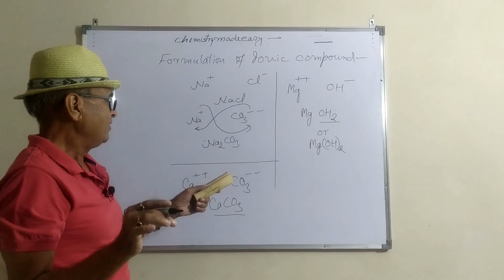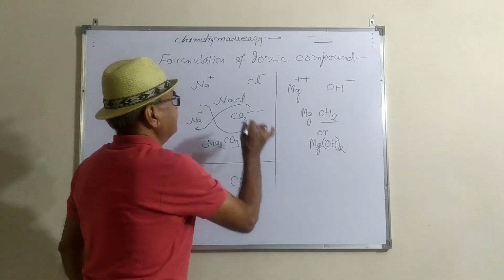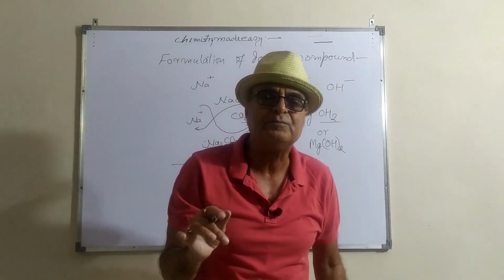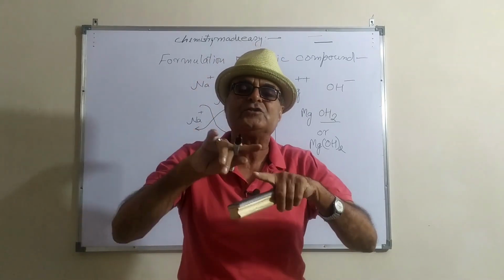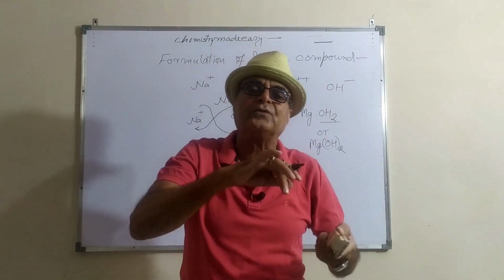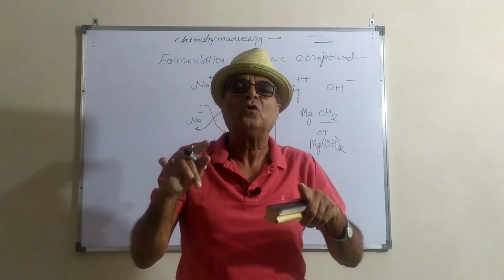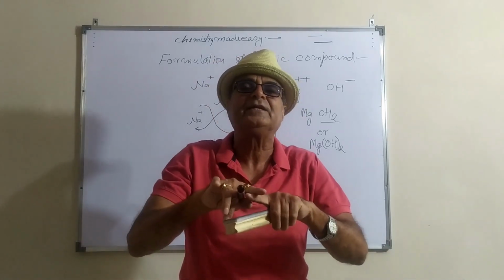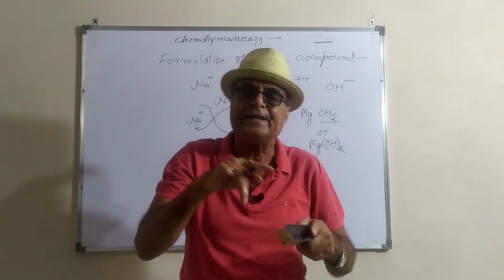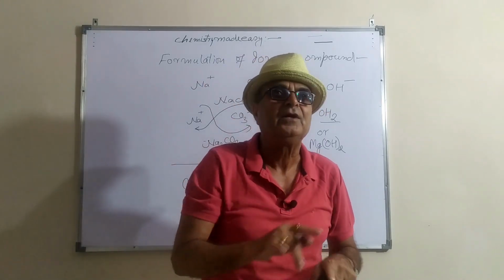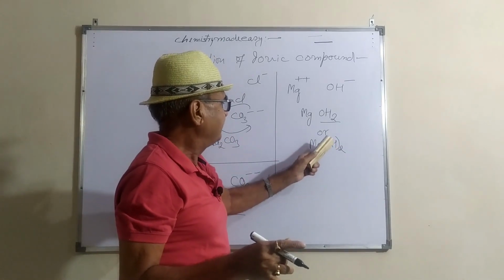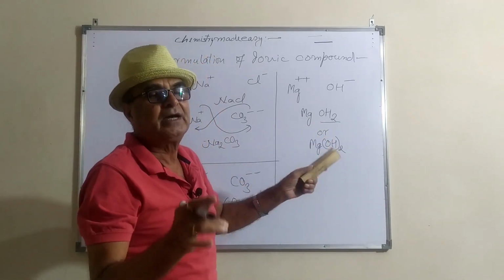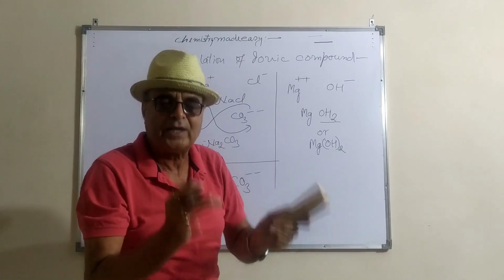So here one question is: why do we multiply the valencies of the anion or the cation, or why do we cross multiply the charges of the anion and cation? Number one. And second, why do we put the polyatomic ion within brackets?